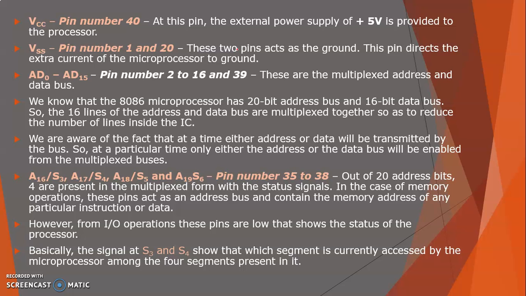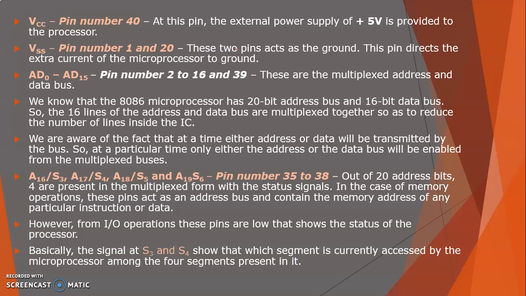Out of 20 address bits, 4 are present in multiplexed form with the status signal. In case of memory operation, these pins act as the address bus and contain the memory address of any particular instruction or data. However, for input-output operation, these pins are low. That shows the status of the processor. जब भी आपका input-output operation होगा, तभी pins status low show करेगा.